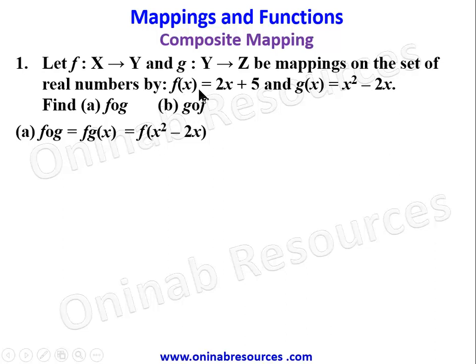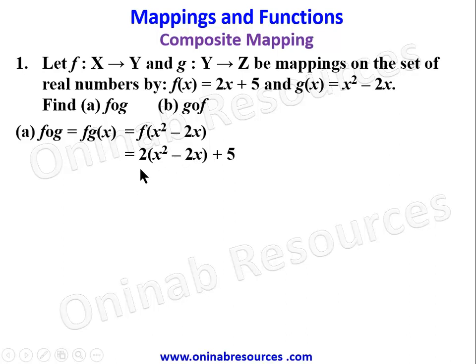Then we now go to f of x. Wherever we see x, we put x squared minus 2x. So for 2x plus 5, we are going to have 2 into x squared minus 2x, then plus 5. If you look at it now, 2x plus 5, 2x plus 5, we have replaced the x in the original function f with x squared minus 2x.